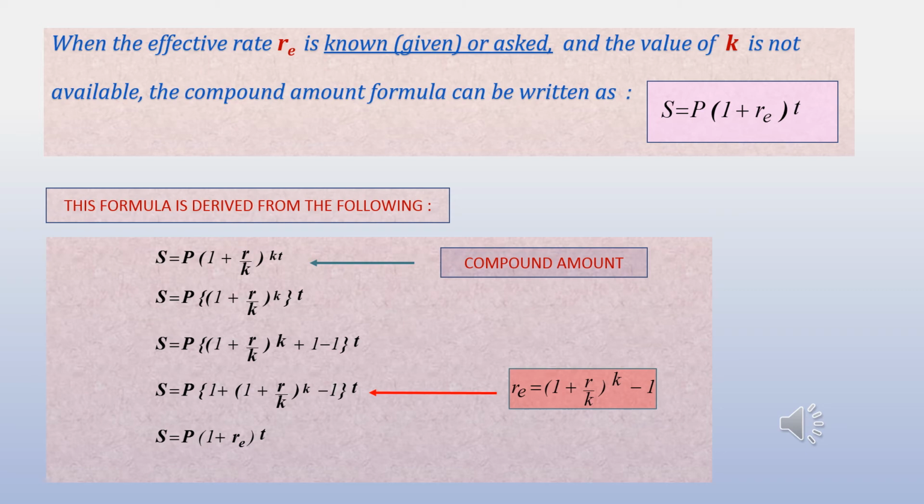Move the 1 to the front, so we have S equal to P, bracket 1 plus R over K to the degree of K minus 1, all to the degree of T. We know that 1 plus R over K to the degree of K, minus 1, is RE. So we substitute it with RE, and we have the new formula S equal to P times 1 plus RE to the degree of T.